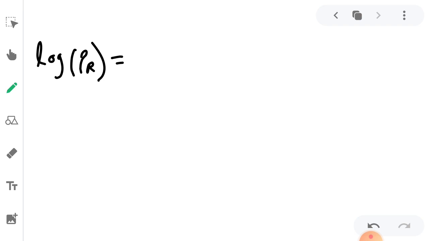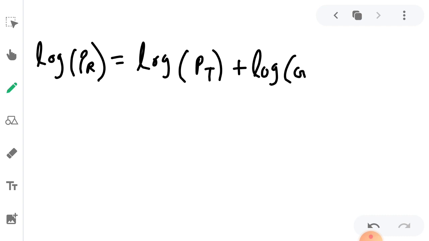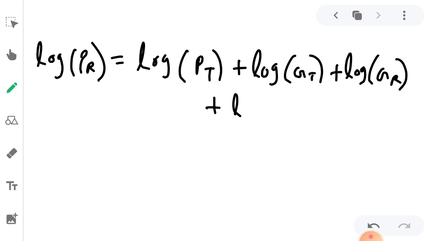We can write that as log A plus log B plus log C and so on. So separating the terms, we write log of PT plus log of GT plus log of GR plus log of lambda by 4 pi r whole square.